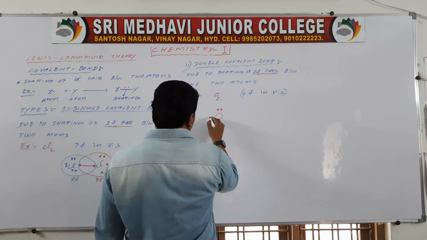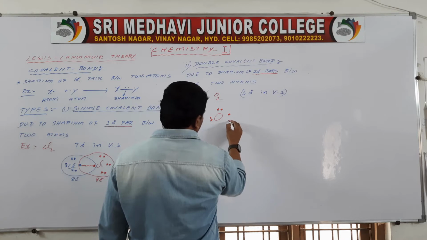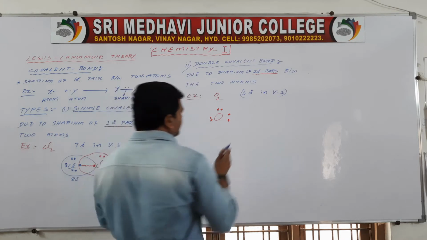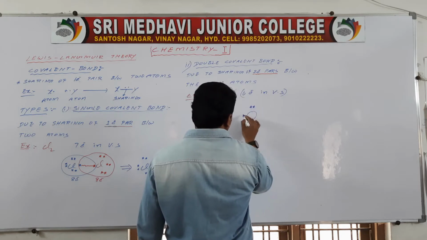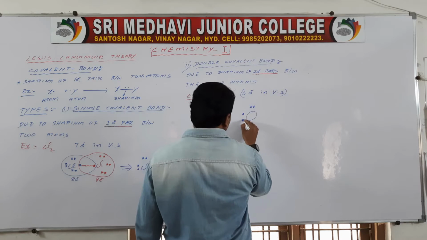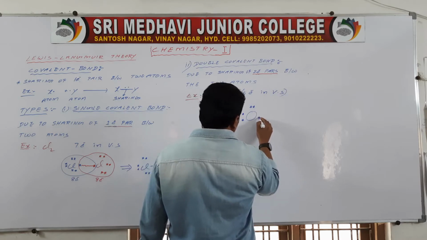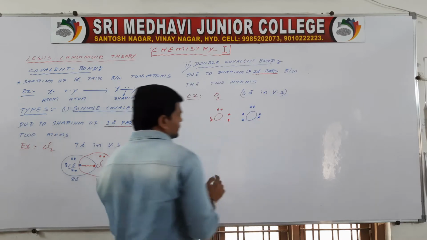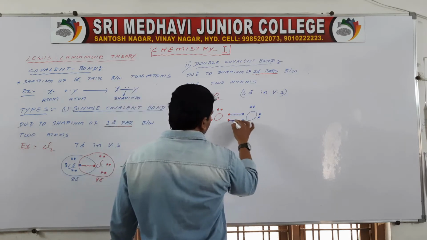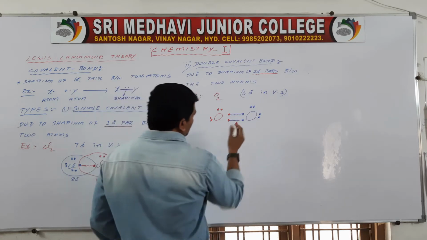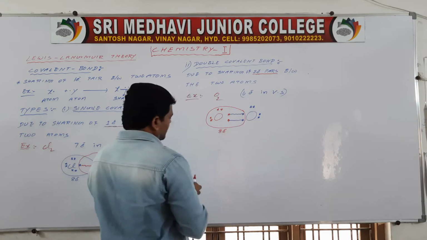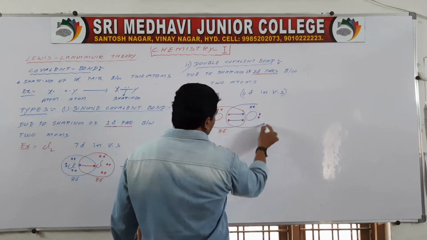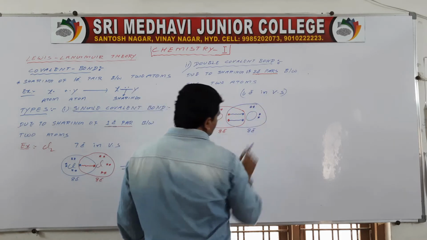One more oxygen I am taking. How many electrons does it have? 6. Now sharing 2 electron pairs. So now these 8 electrons belong to this oxygen, and now these 8 electrons belong to this oxygen.